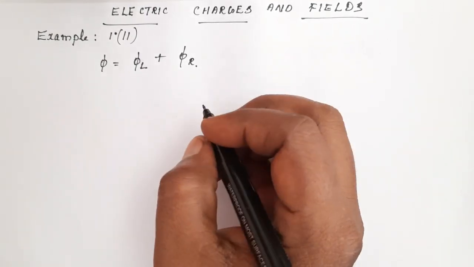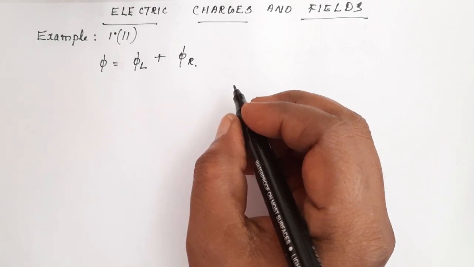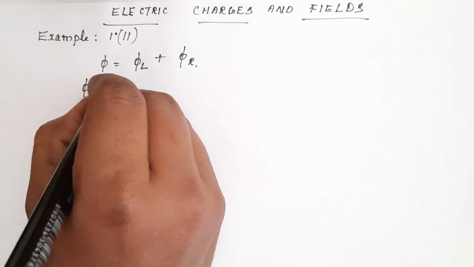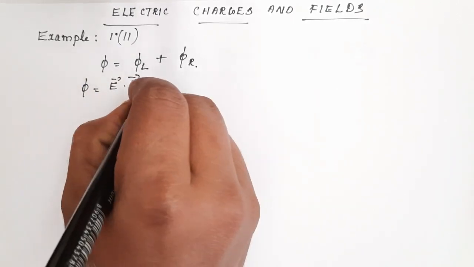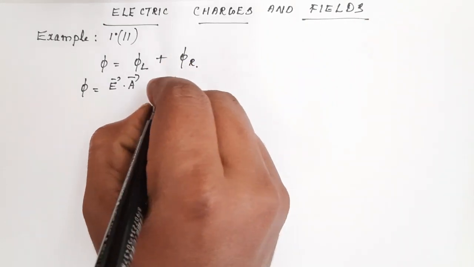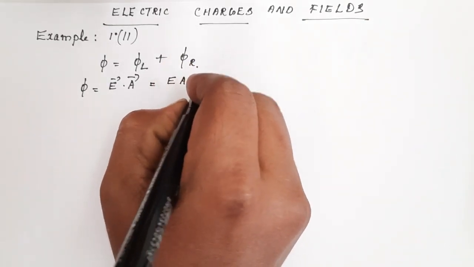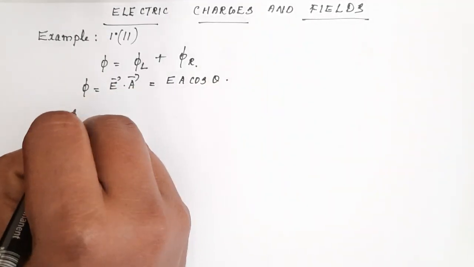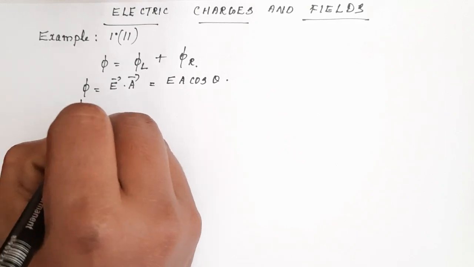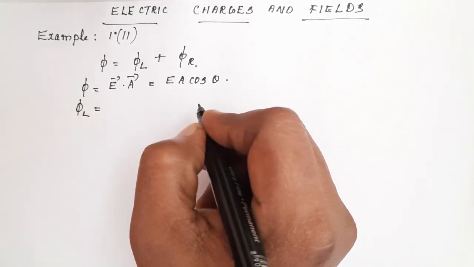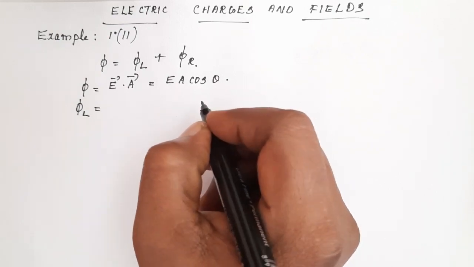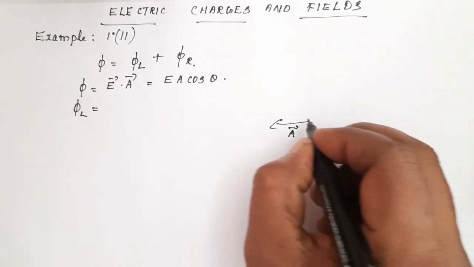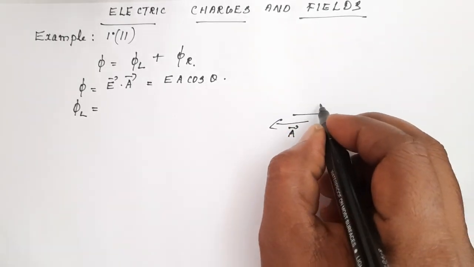The expression for flux is E dot A, where E is the electric field and A is the area vector. That is equal to EA cos theta. To find phi L, on the left surface the area vector is towards the left direction, and the electric field is in the positive x direction.